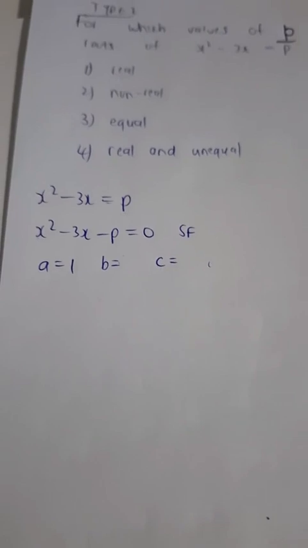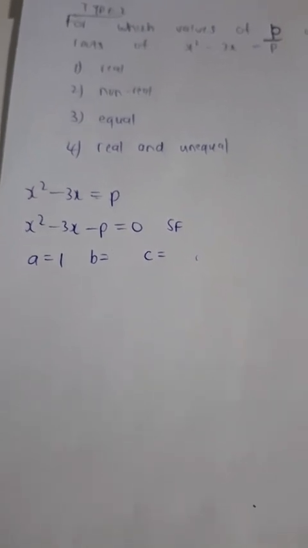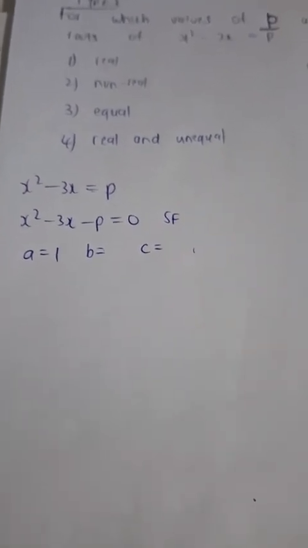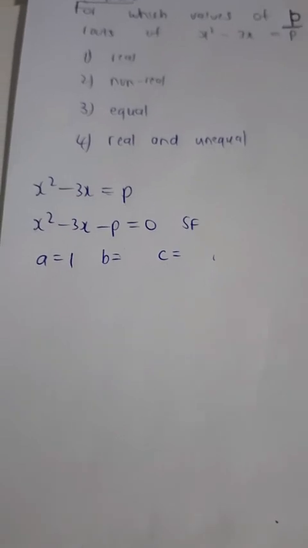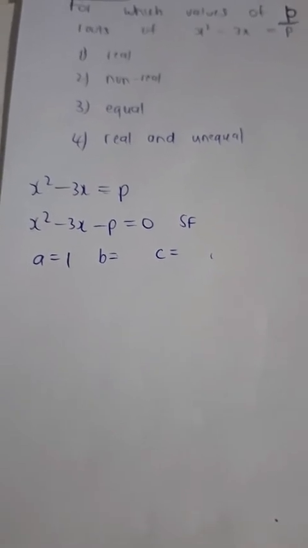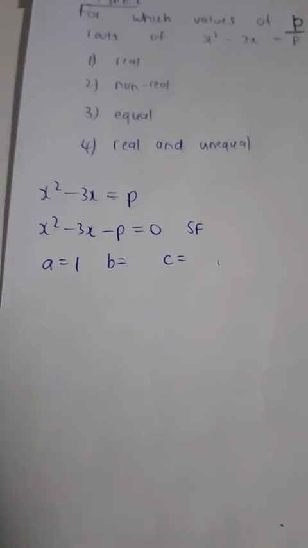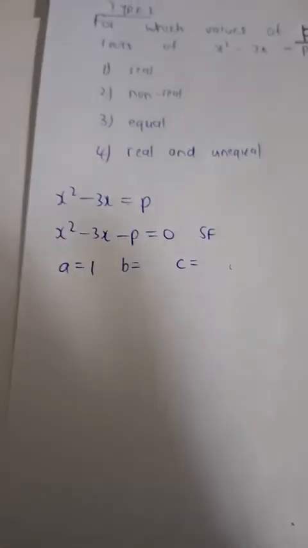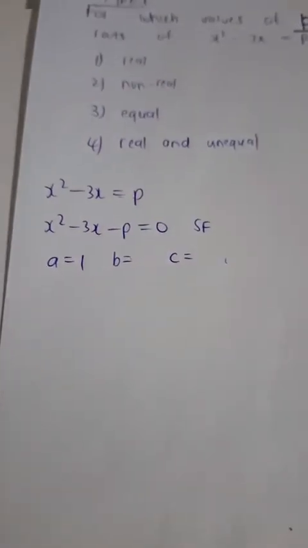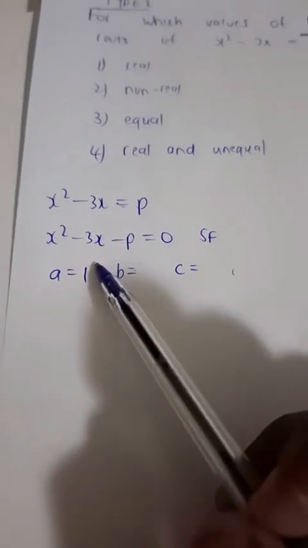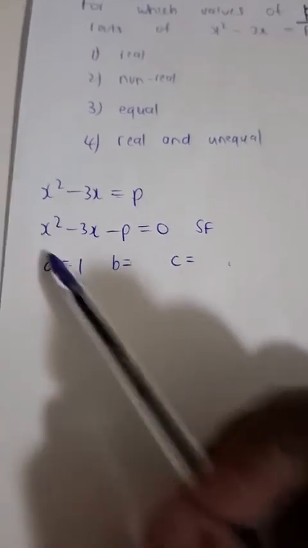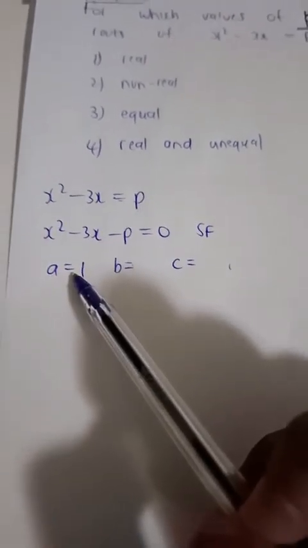You can just write b is equal to and then c is equal to, so that I can have all of them. Let's say I see you're saying negative 3. For what? Okay, please write the letter as well. Write b is equal to, c is equal to, so that I can know for sure if you're getting the a and the b value. So a is 1, I get that, that's standard.